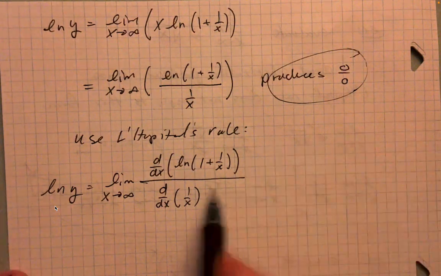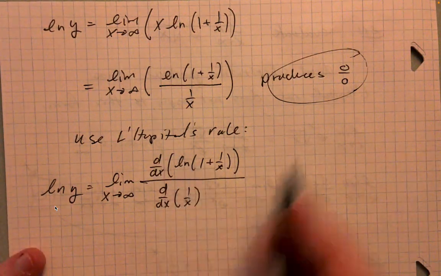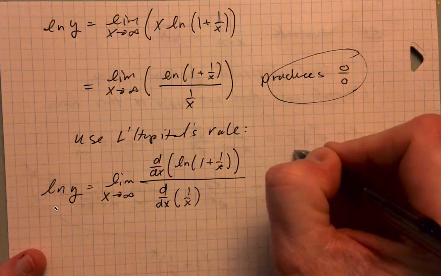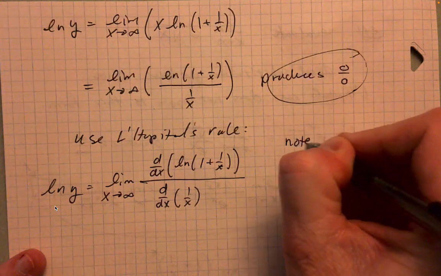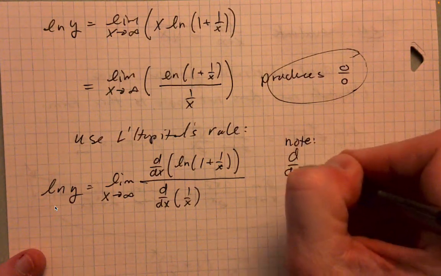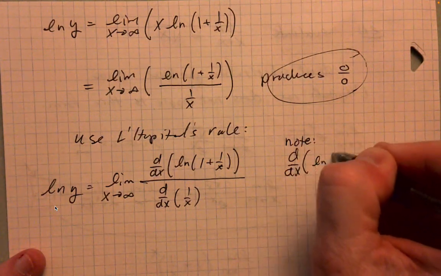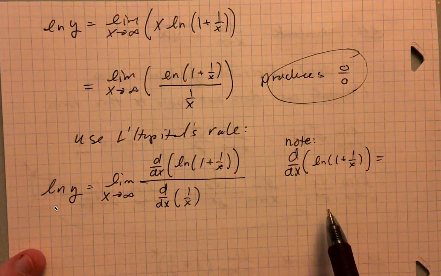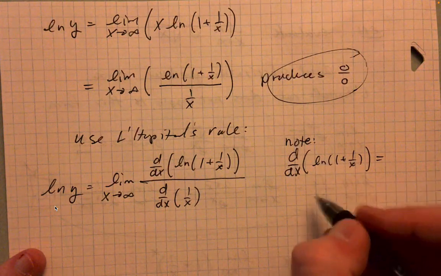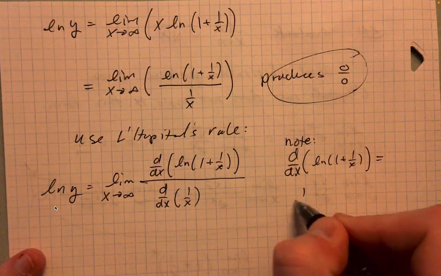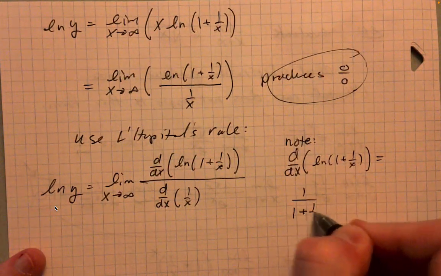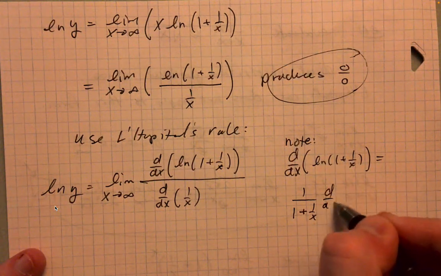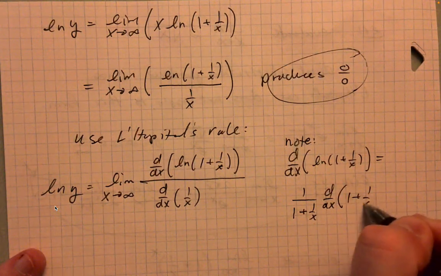Now off to the side here, what is this derivative? That's a little bit tricky. So we'll just write this off to the side: d dx of natural log of 1 plus 1 over x. You have to use the chain rule. So the natural log of this expression is just going to be 1 over that expression, and then the derivative of that inside part has to be multiplied by that, like so.